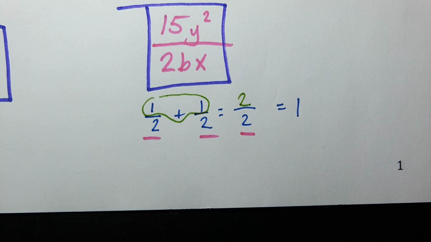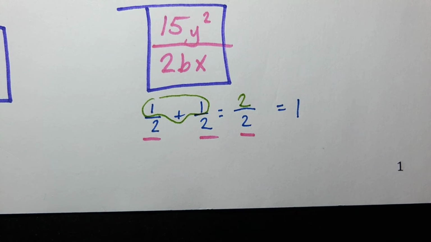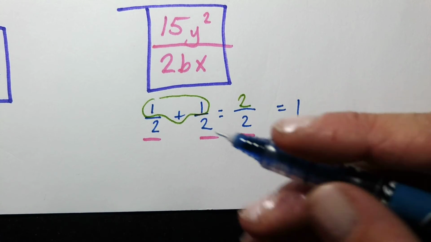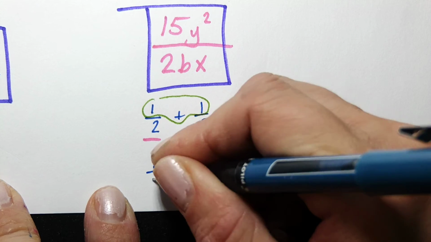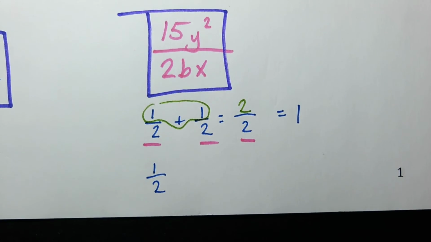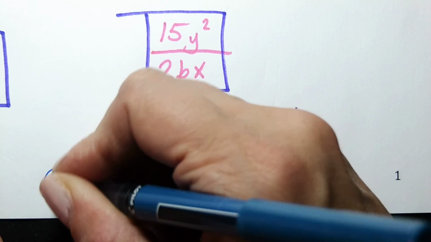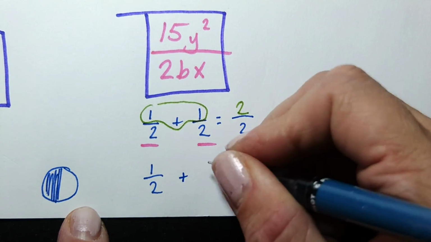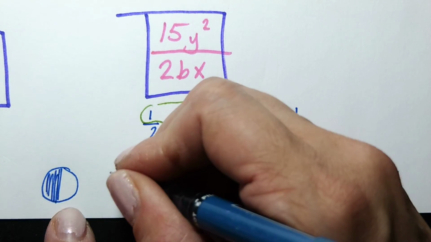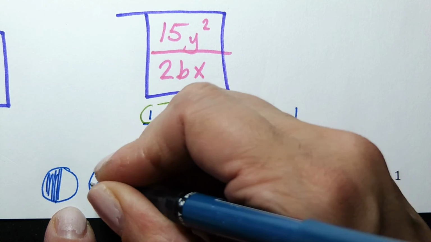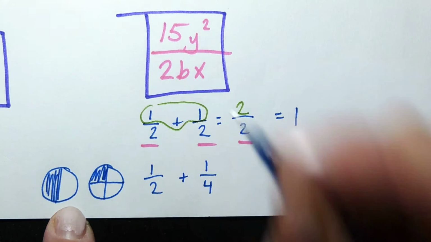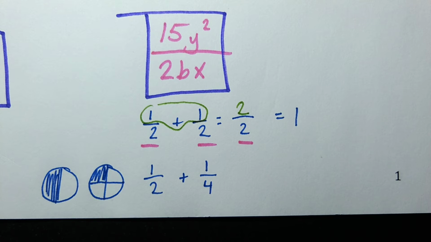So if you don't remember how to do fraction operations, it's always a good idea to look at some simple fractions and think about that pizza. If I have a half of a pizza plus a fourth of a pizza, how much pizza do I have?